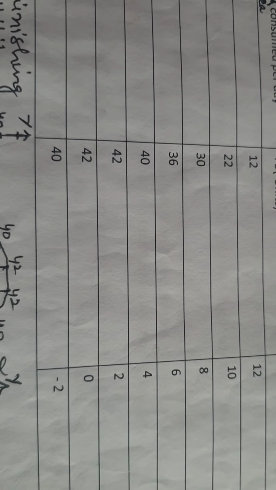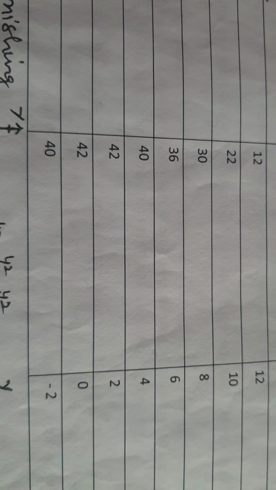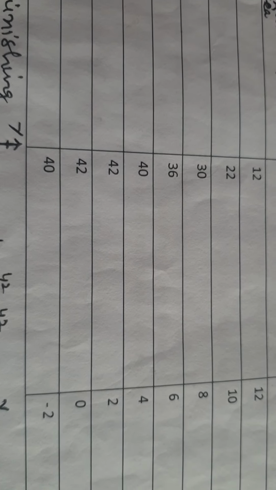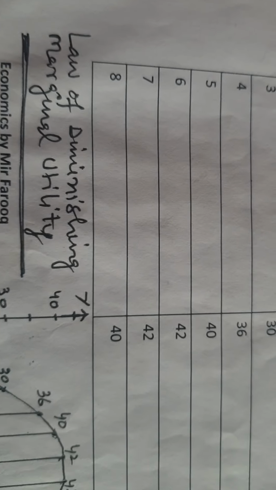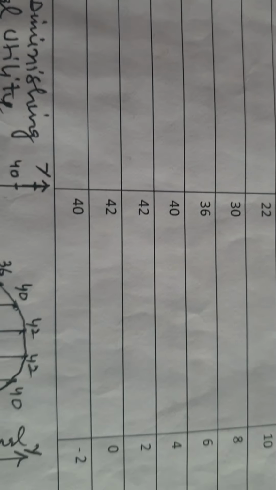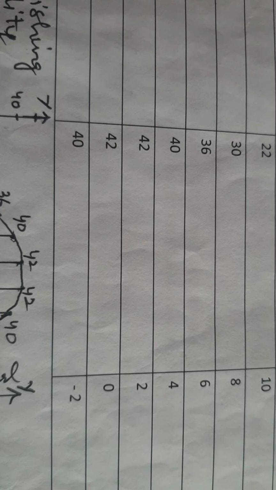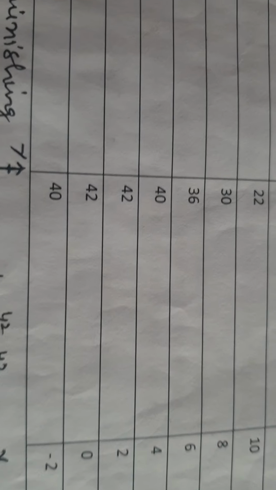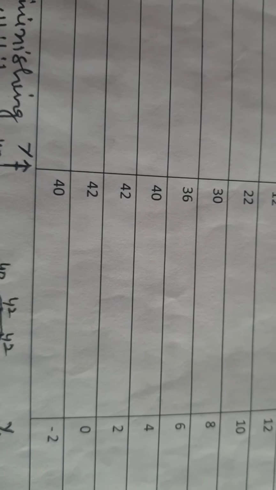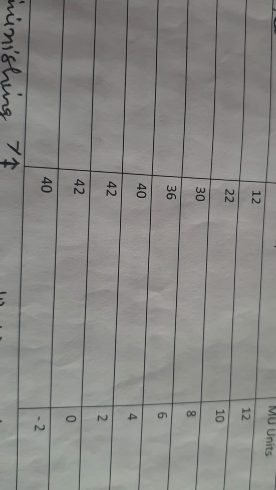We see that when total utility is constant at 42, marginal utility becomes 0, and when total utility decreases from 42 to 40, marginal utility is negative, that is minus 2. So this is the relationship between total utility and marginal utility, which we illustrated with the help of this schedule.